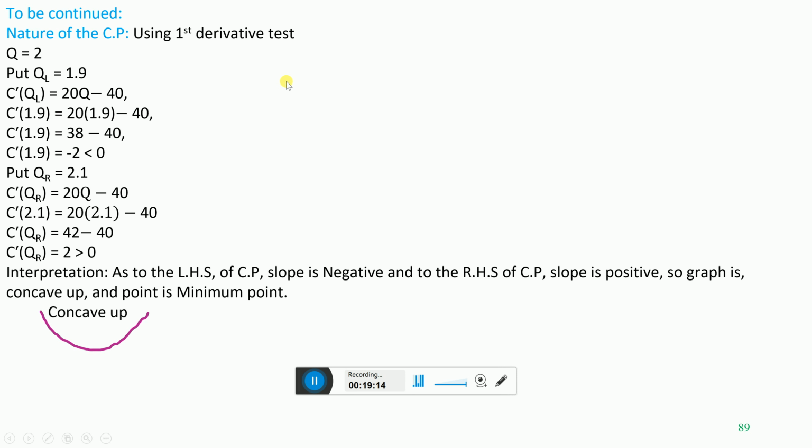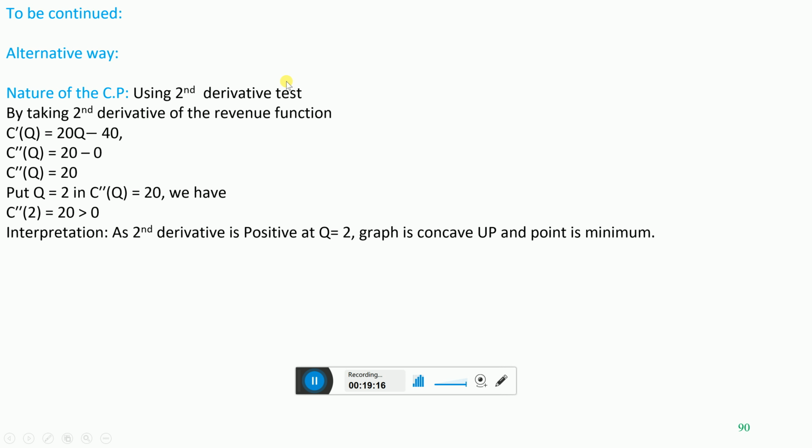Now the nature of the critical point using the second derivative test. Using the second derivative test, we can determine the nature of the critical point easily.